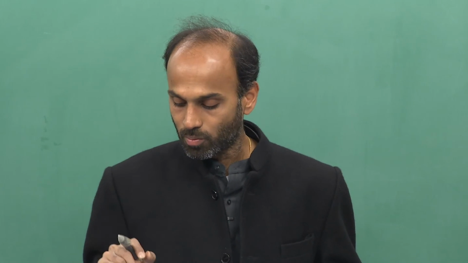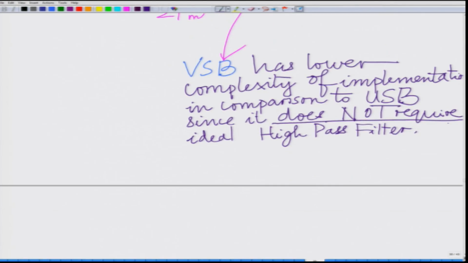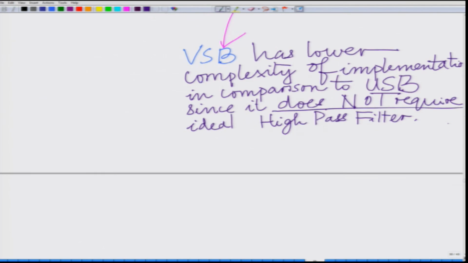So that is the first point. Now, this is your vestigial sideband modulation. Because of the slightly larger bandwidth, it has slightly lower spectral efficiency compared to upper sideband modulation, but it has a lower implementation complexity.